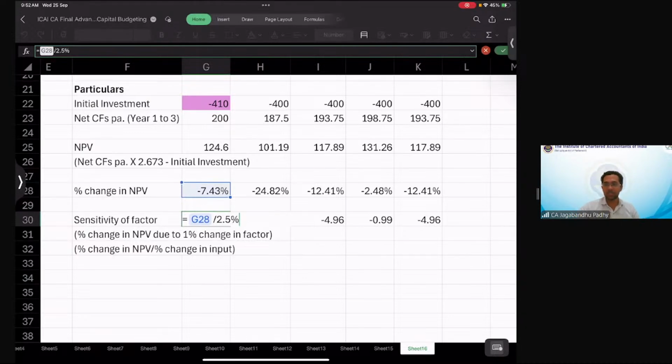The elasticity of demand is the percentage change in demand due to percentage change in price. In the same way, we are looking at percentage change in NPV due to percentage change in input. That input could be the initial cost, the variable cost, or the fixed cost. So all those parameters are considered.